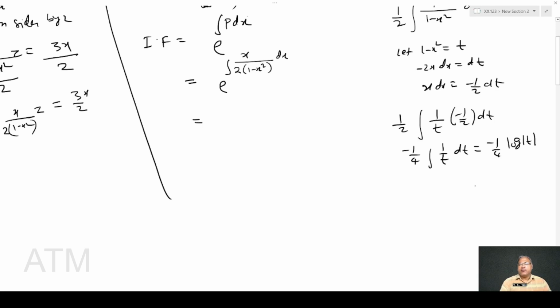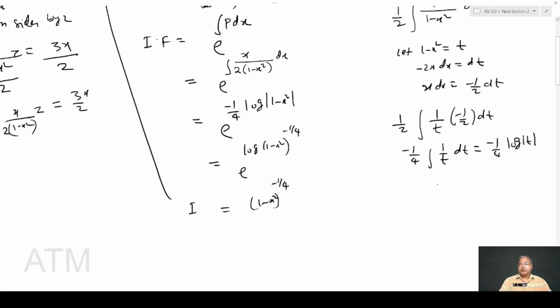Therefore this becomes e raised to minus 1 upon 4 log of modulus t. T is nothing but 1 minus x square. So this equals e raised to log of 1 minus x square raised to minus 1 upon 4, and this is equal to 1 minus x square raised to minus 1 upon 4.